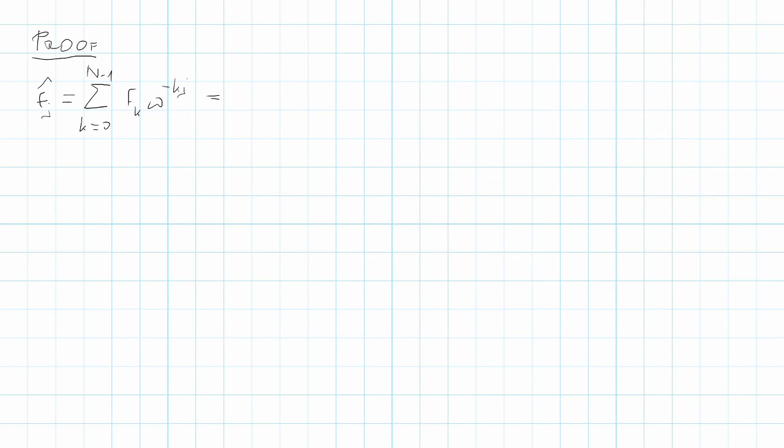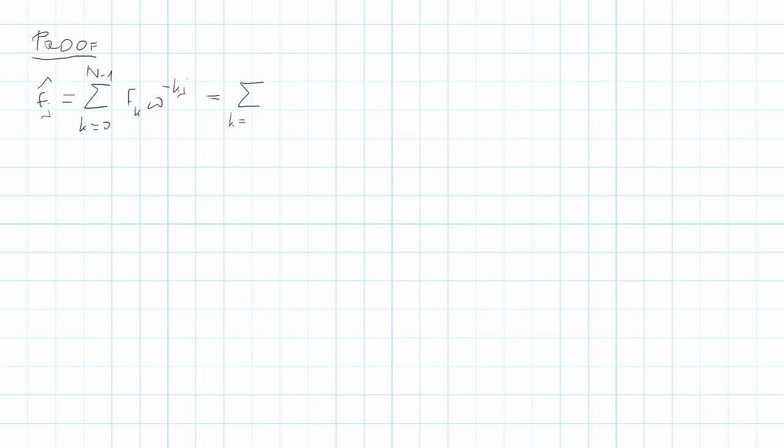And now we'll split this sum into the even and odd parts. We will sum separately over even indices and separately over odd indices, so we do exactly what the algorithm does.